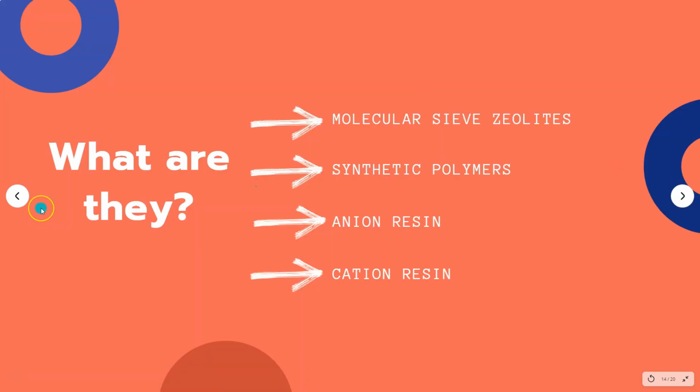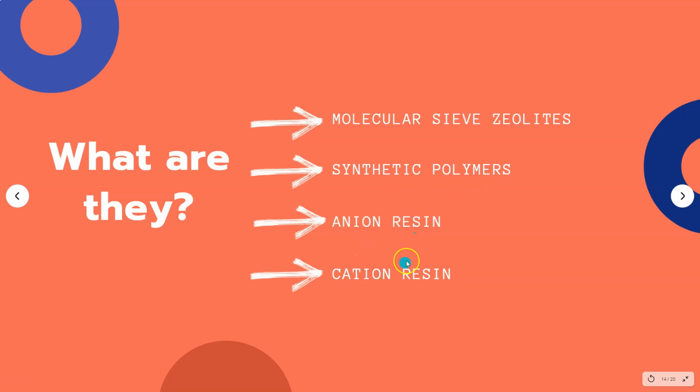So there are a few other questions. What are molecular sieve zeolites, synthetic polymers, anion resin, and cation resin? Do you know what they are?